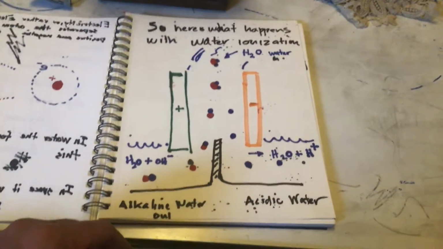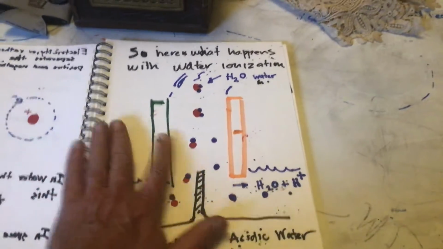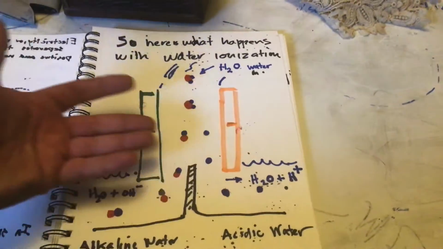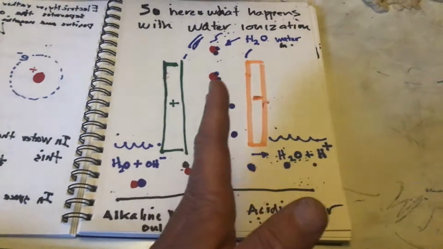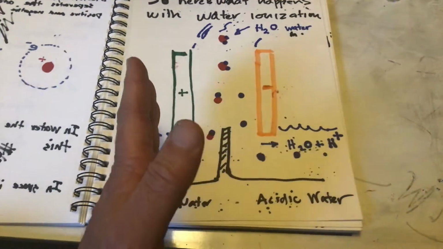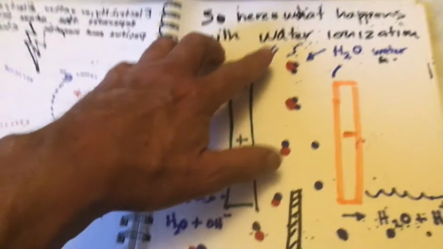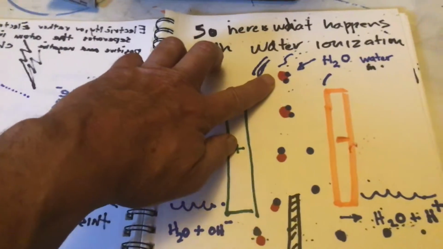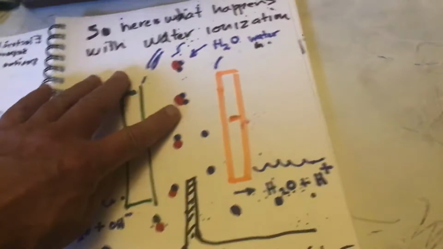But here, what I'd like to show you is the water comes in here and it goes past two charged plates. It creates a magnetic field going this way and that way. Pulling it apart, it would pull the hydrogen and the OH negative apart.